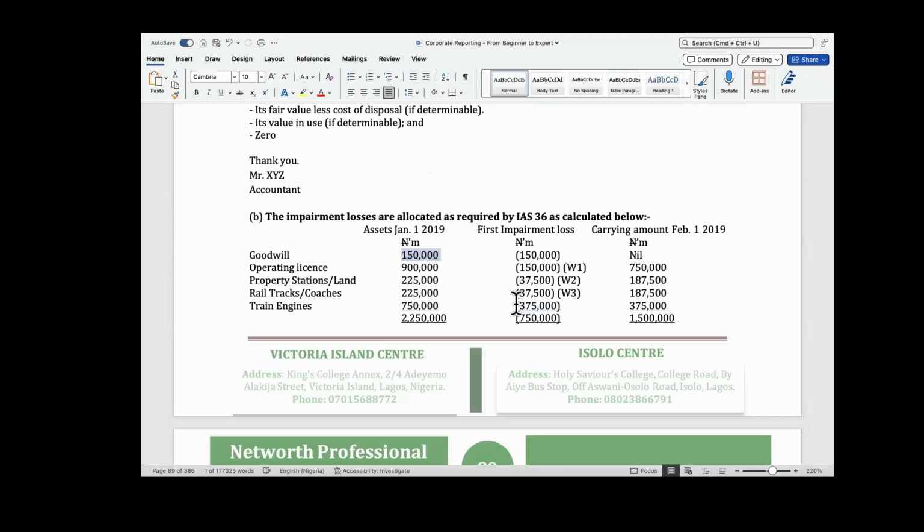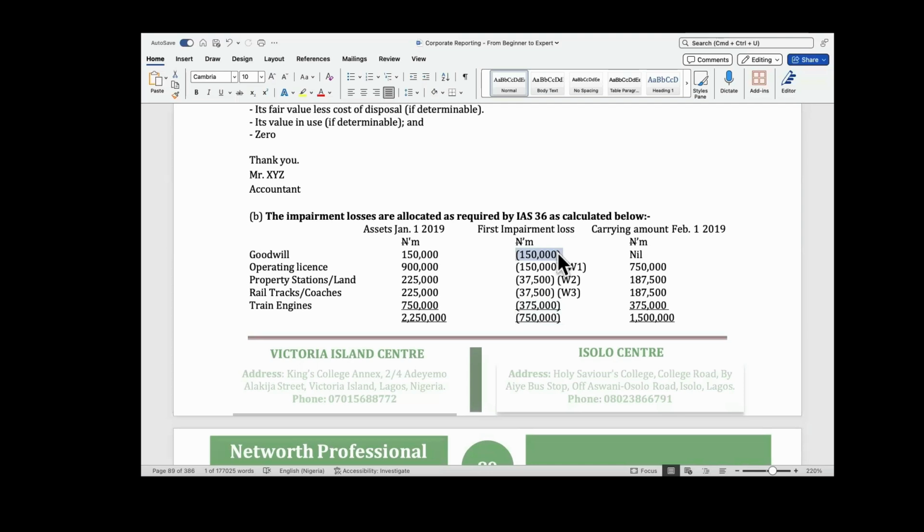So out of 750, I've only allocated 375. Whatever is remaining, we can allocate the 150 here. And that's why we allocate 150 here also.